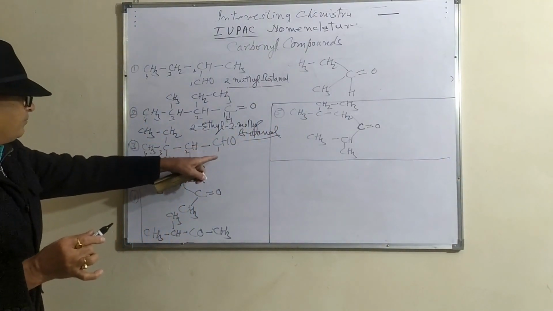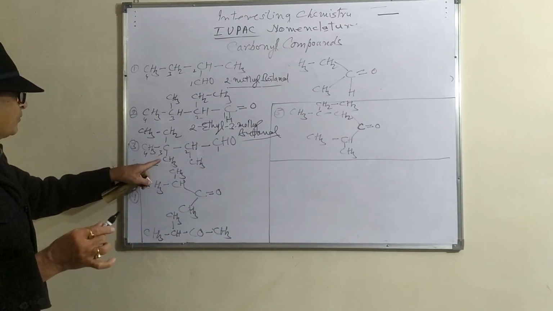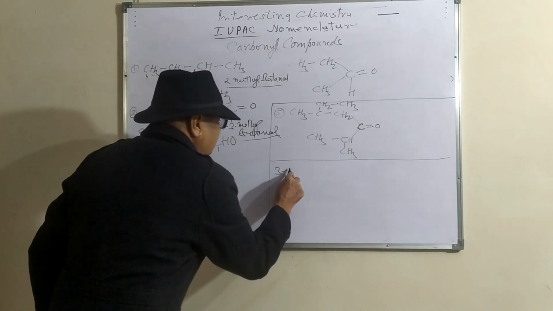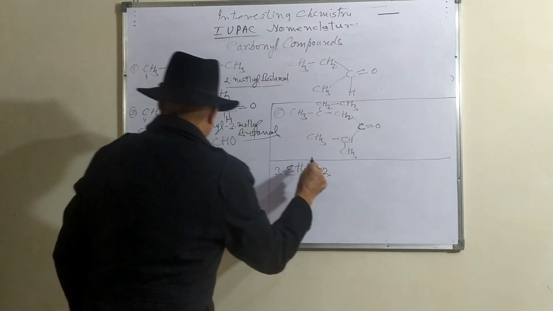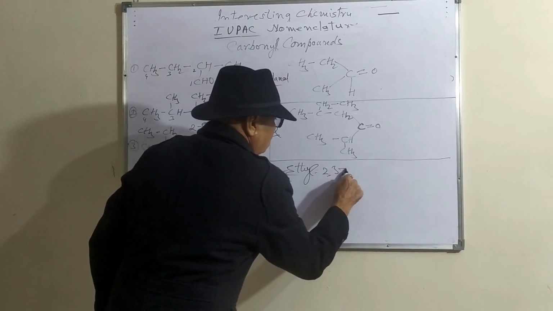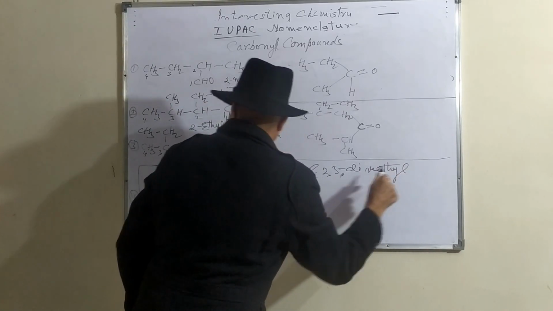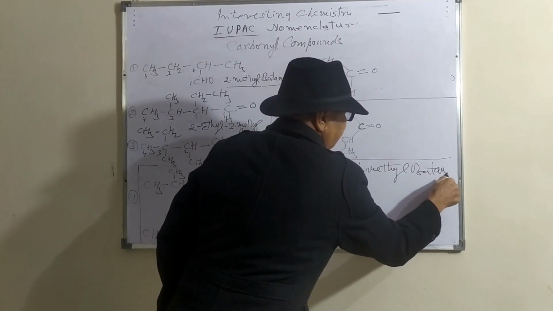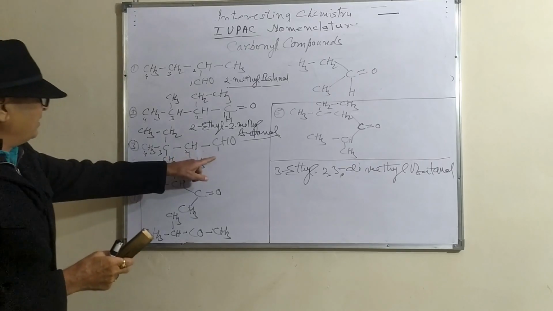It is butanal, and if you write 2,3-dimethyl and 3-ethyl, you are going to write the name 3-ethyl 2,3-dimethyl butanal.